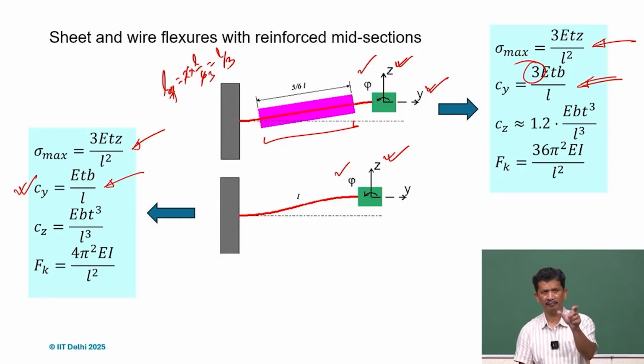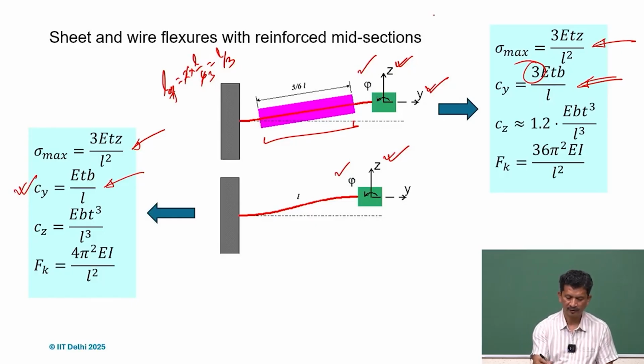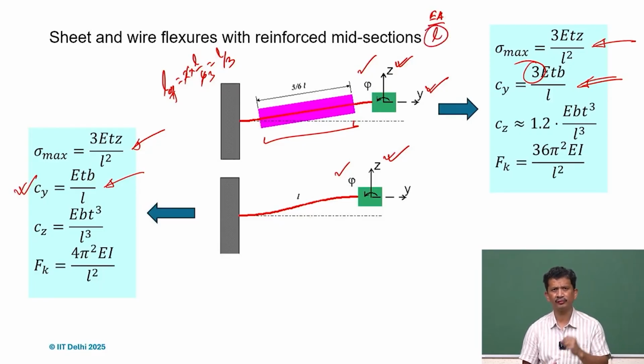So the effective compliant length is only L by 3. If you just use the formula EA by L, the length has reduced to one third, and since it's in the denominator, the factor 3 goes up. So in fact Cy has increased 3 times, and it's a stiff direction, so that's good. With the reinforcement, we are getting better stiffness in the y direction, 3 times, which is good.